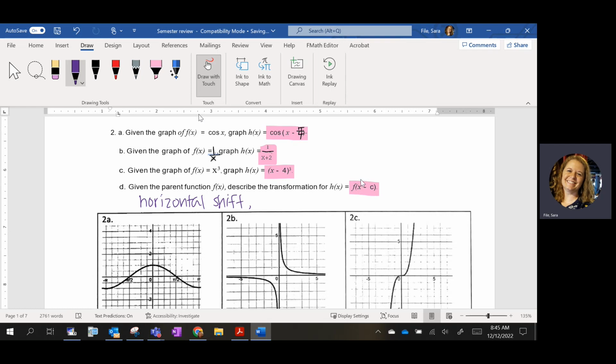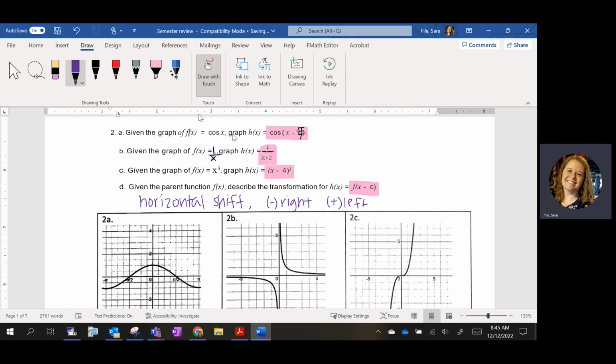When it was plus d, that was up. If it was minus d, that was down. Here, it's the opposite. If it's minus c, that's actually shifting to the right. And if it's plus c, that's actually shifting to the left. Okay, so it's the opposite direction.